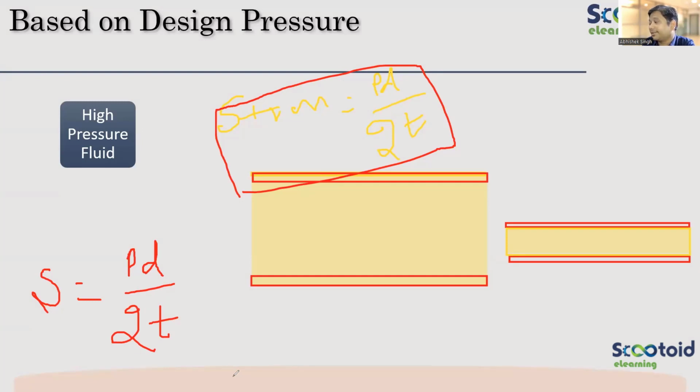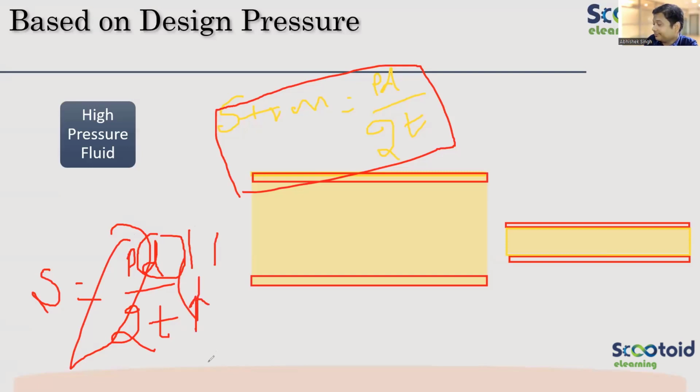Pressure is the same; we are not talking about pressure. If the diameter is high, then thickness will be higher, or if diameter is low? Forget about pressure, we're talking about diameter. What do you say?